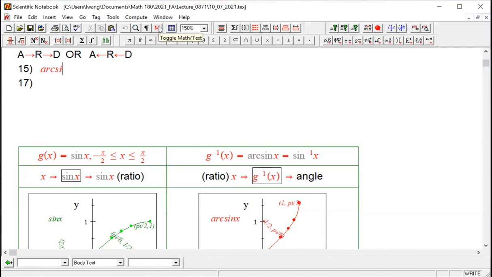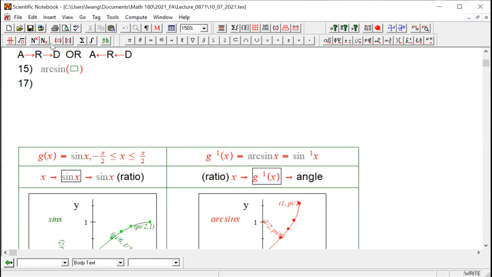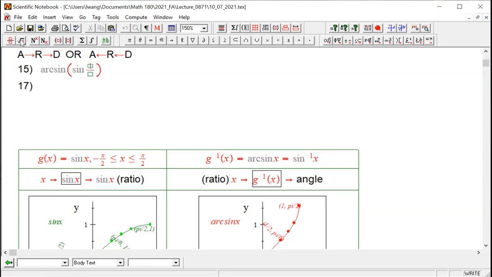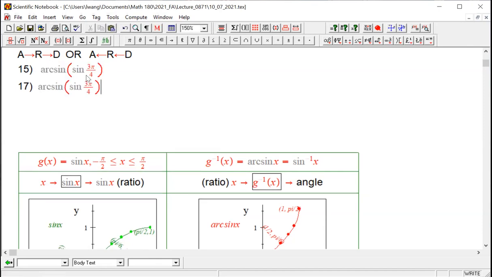So we have arcsine, that's number 15, of sine 3 pi over 4. And number 17 is negative 3 pi over 4.